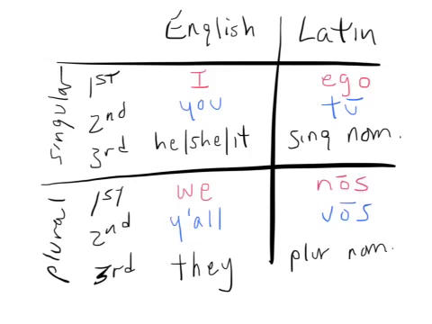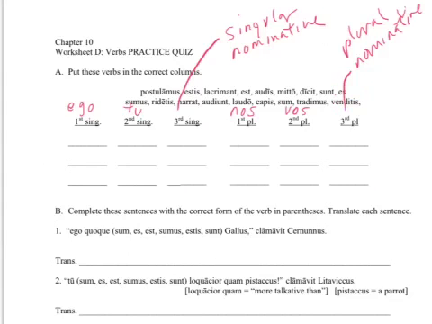What we find is that with Latin, they also have verbal endings that are going to indicate whether I'm doing something, you're doing something, he, she, it is doing something, we're doing something, y'all are doing something, or they are doing something.